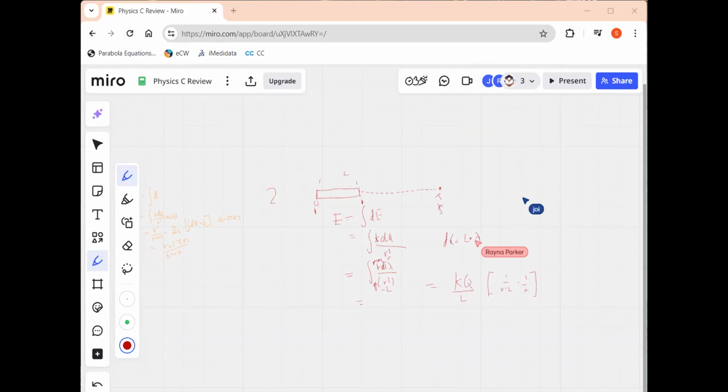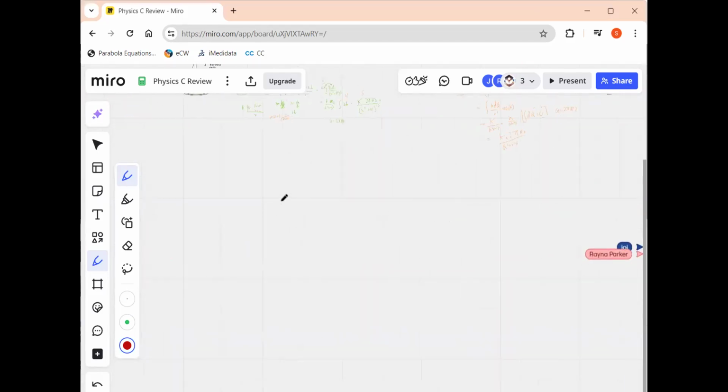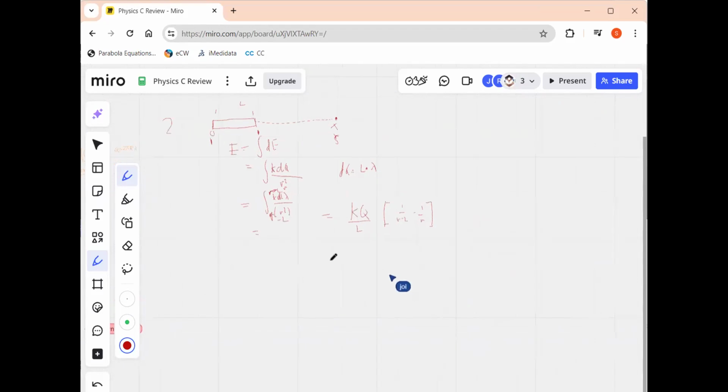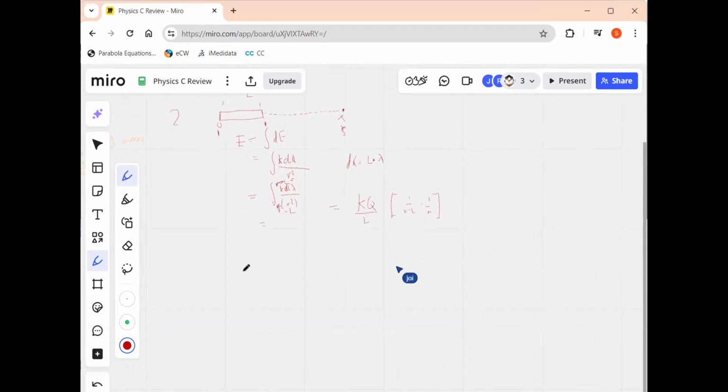So next differential equation, we are moving out of the electric. So just as an aside, V equals integral of E dx. And so if you're trying to find the voltage in this scenario, V equals integral of KQ over L times 1 over R minus L minus 1 over R dr. And so you just do that.